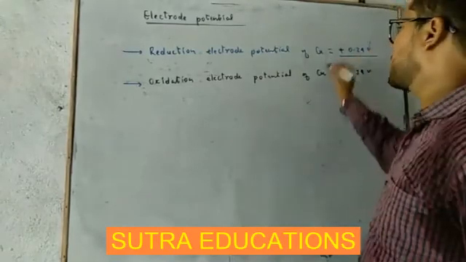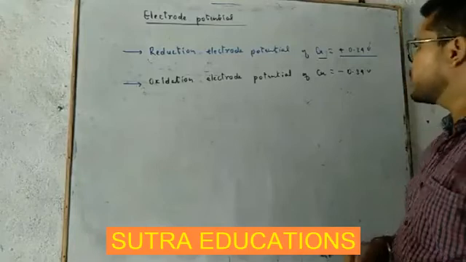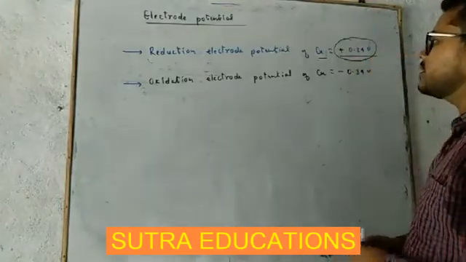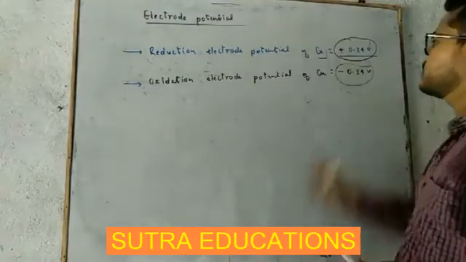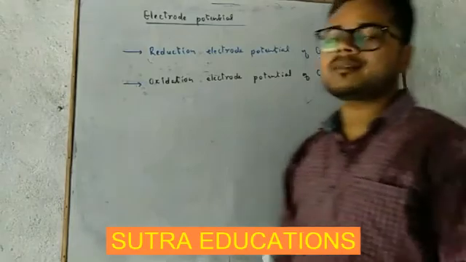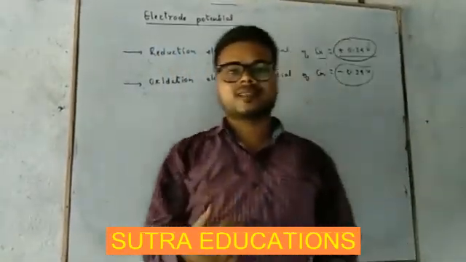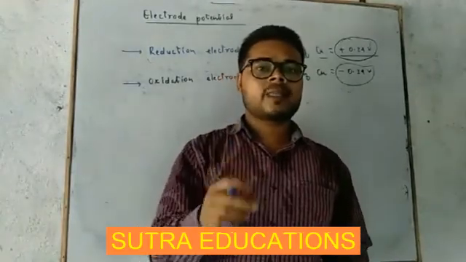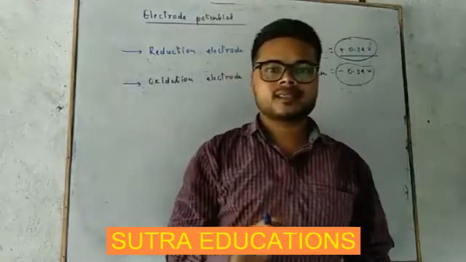The reduction electrode potential of copper is plus 0.34 volt, and the oxidation electrode potential of copper is minus 0.34 volt. What does this mean? This means oxidation electrode potential and reduction electrode potential are equal but opposite. Getting this?